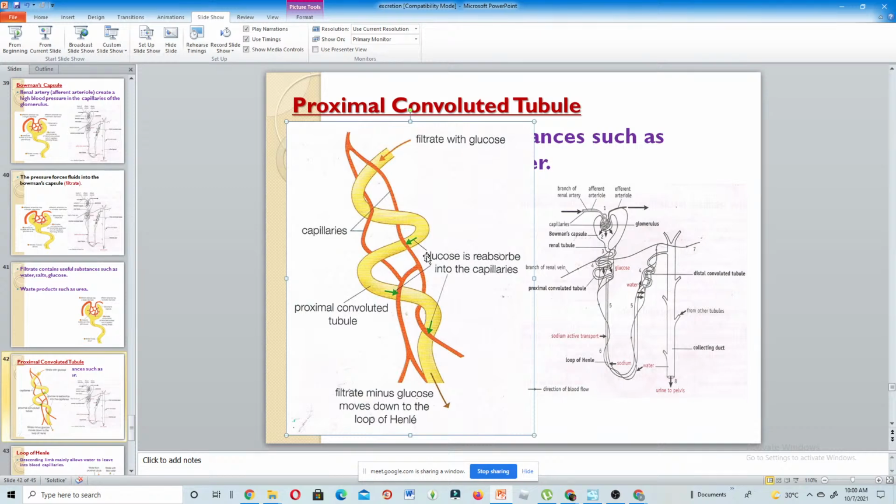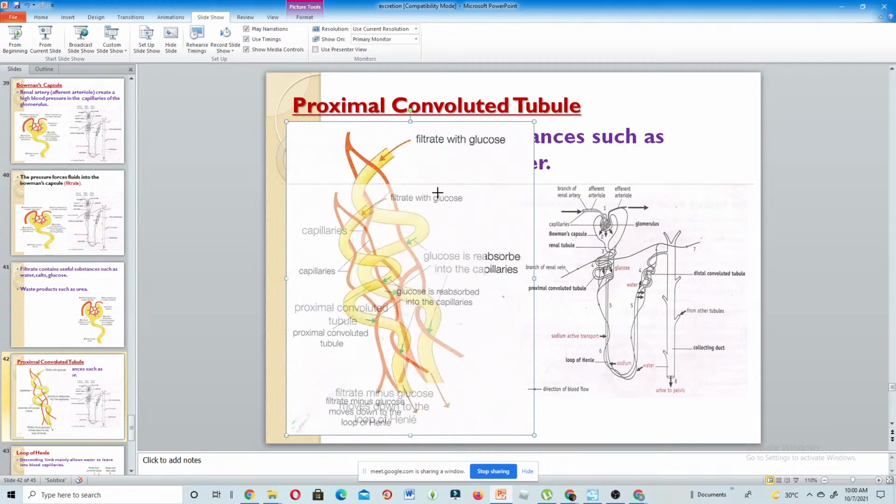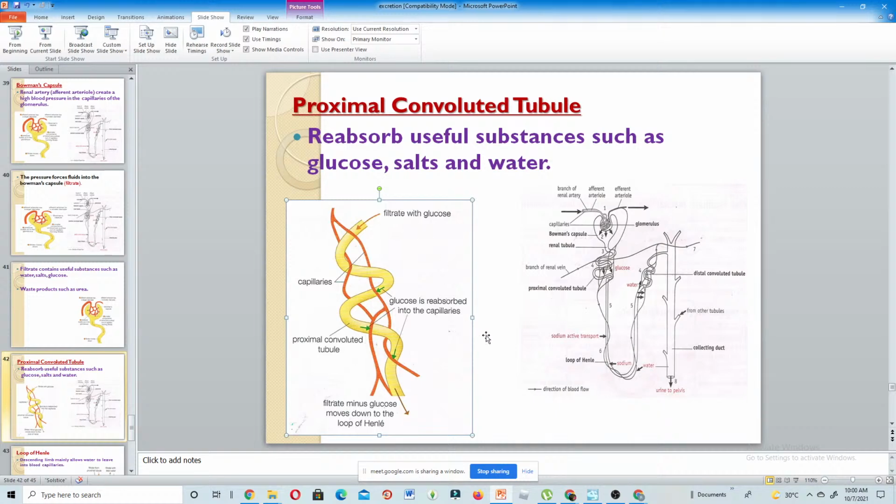In terms of questions, I can ask you to list, or state, or tell me the substances that are reabsorbed at the proximal convoluted tubule. It is a must that you know all the substances that are reabsorbed at the proximal convoluted tubule, because you will get it on the exam, whether an exam I set or an exam CXC sets.